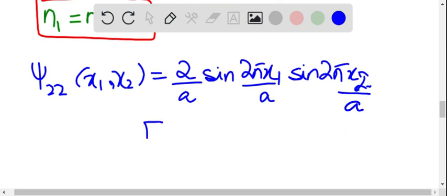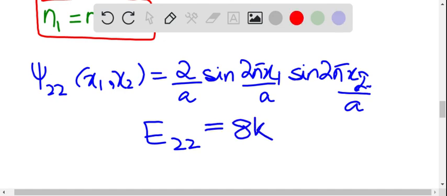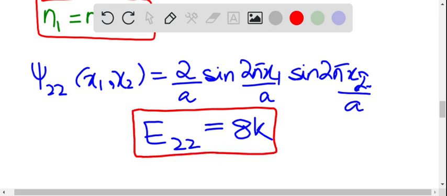From here we get that the energy E_22 is equal to 8K, and that is non-degenerate.